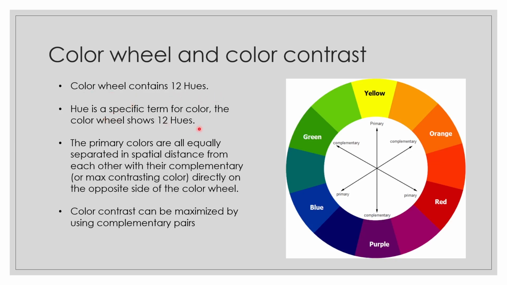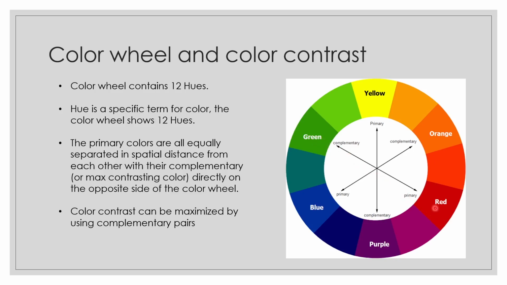So hue is a specific term for color, and the color wheel here shows 12 of them. And the primary colors are equally separated spatially, or they're diametrically opposed. So for yellow, if you have the yellow primary color, it has a complementary color of purple. And the same with blue has a complementary color of orange, and red has a complementary color of green.